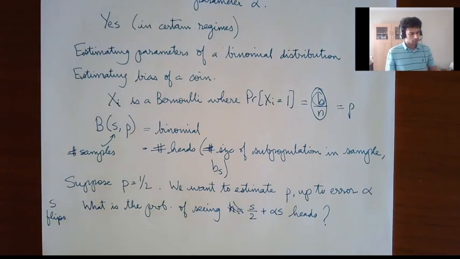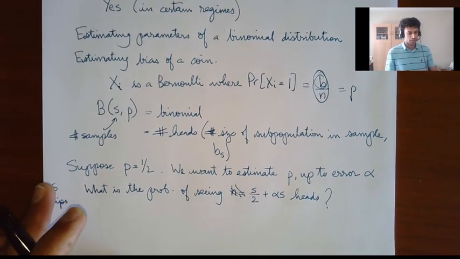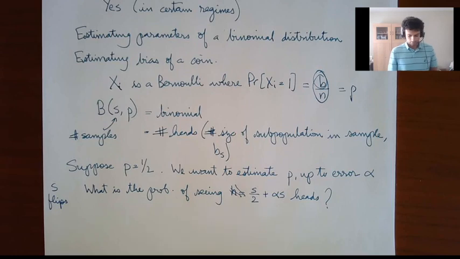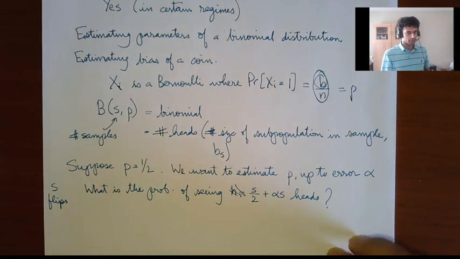Can someone tell me what the expression is? What is the probability of seeing exactly this many heads? It's an unbiased coin. There are S flips. Each flip is equally likely to be heads or tails. What is the probability of seeing exactly S over 2 plus alpha S heads?